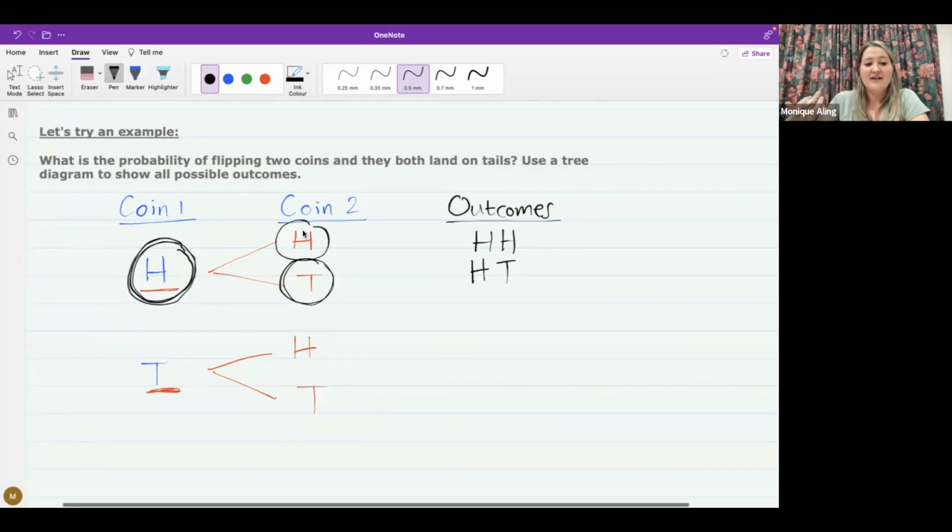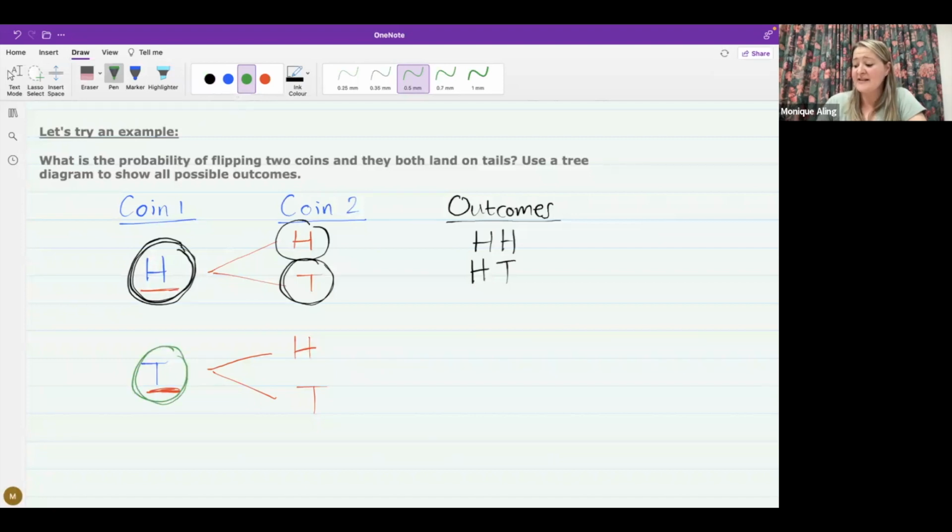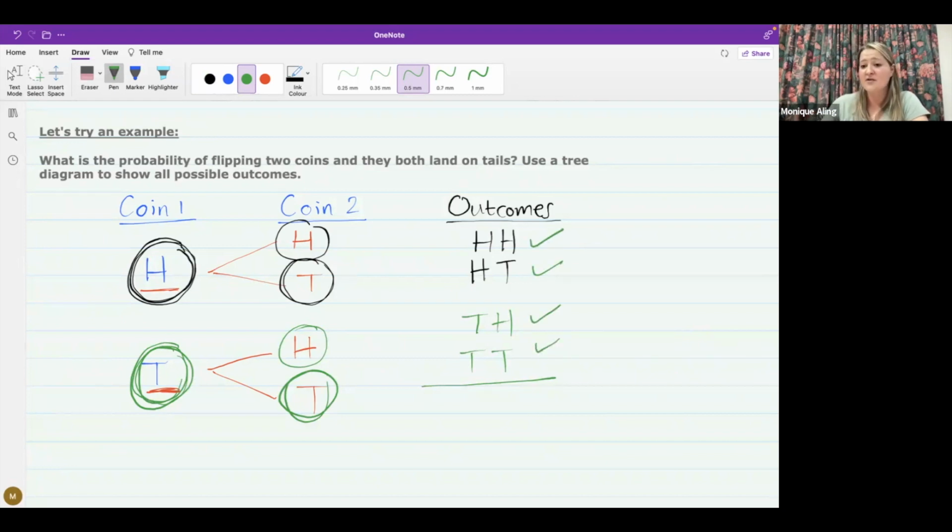Then we could also have the first coin landing on tails, then the second coin lands on heads. So it could have an option of tails first and then heads. Or it could be tails and tails. So by throwing those two coins, we have 1, 2, 3, 4 different options that could happen. And those are our four outcomes. So there are four possibilities.